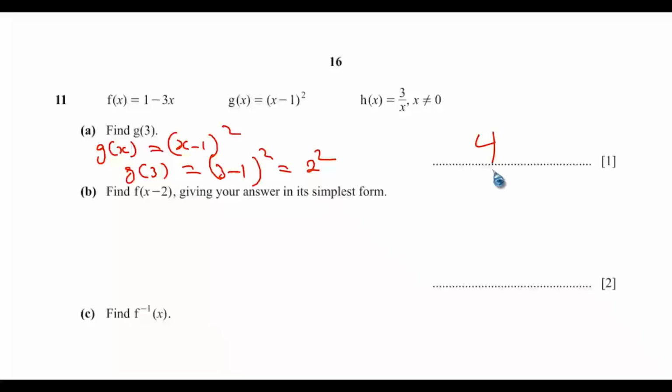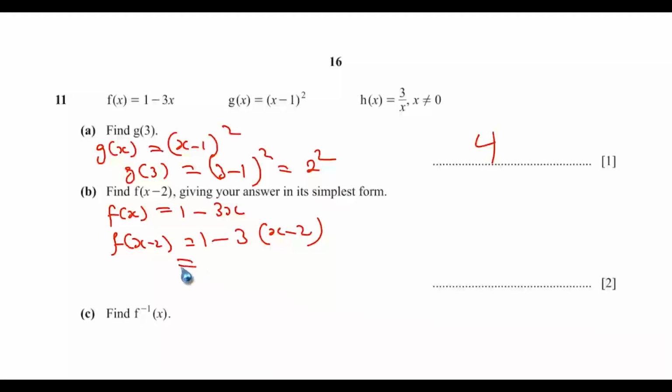So part B, find f of x minus 2, giving your answer in the simplest form. So f of x is given as 1 minus 3x. Okay, so f of x minus 2 will be 1 minus 3 into x minus 2.